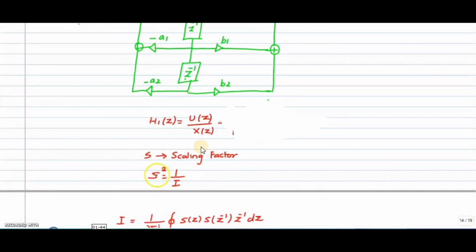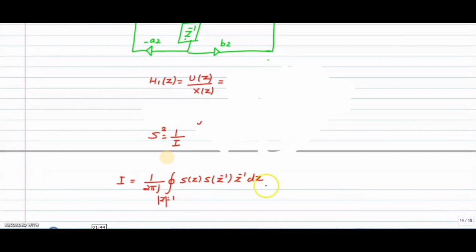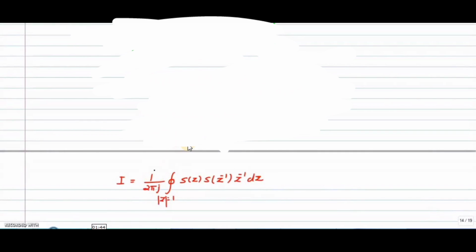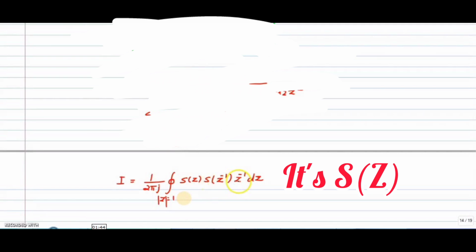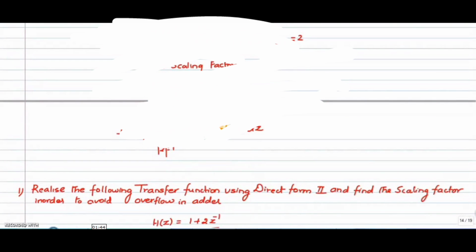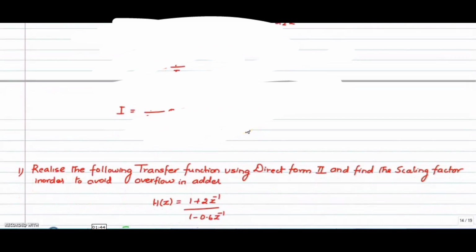To find the S, S is equal to 1 divided by root of I. So what is I? I is equal to 1 divided by 2 pi j, closed loop integral of S of z, here it is nothing but H of z, H of z into H of z power minus 1 into z power minus 1 dz.